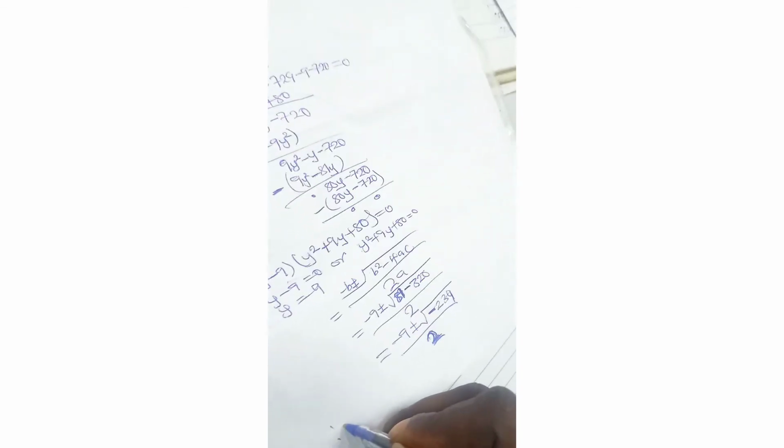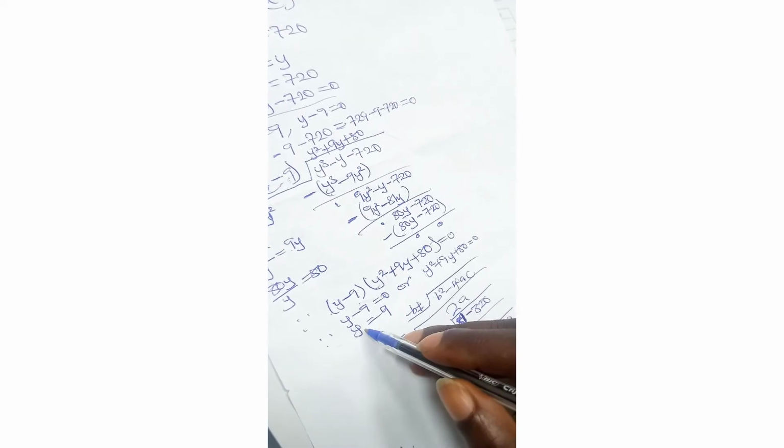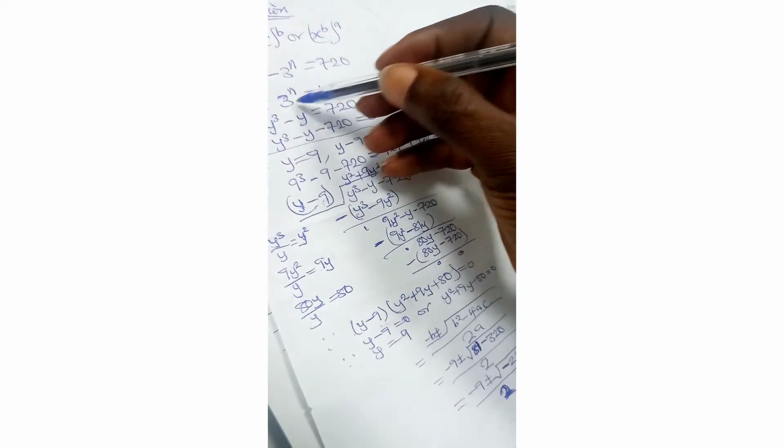Now what we are going to do, we go back. That means the only value for y which is positive is 9. Since we've known our y to be 9, now we come back to this place.